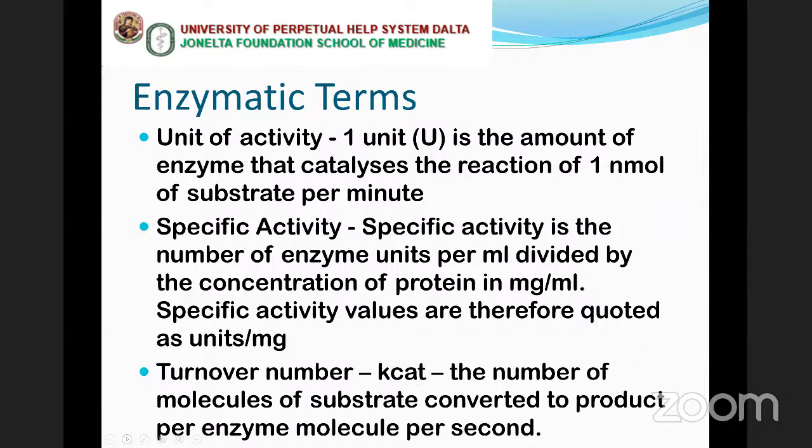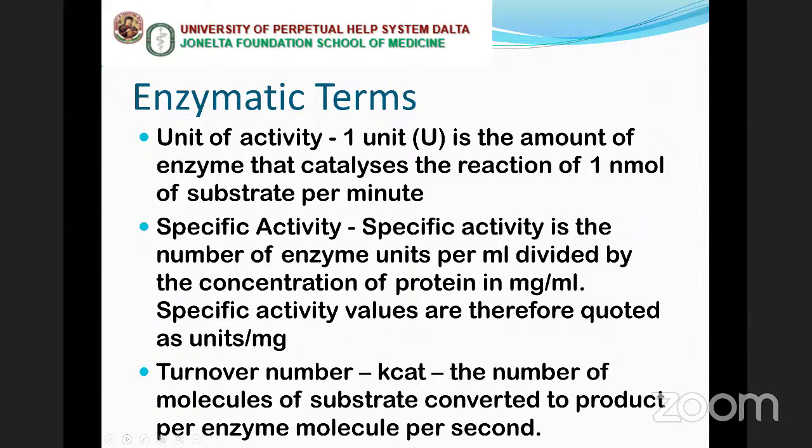So first we would have your terms. Remember that there's a unit of activity. This is the amount of enzyme that could catalyze a reaction of 1 nanomole of substrate per minute. Enzymes have specific activity.